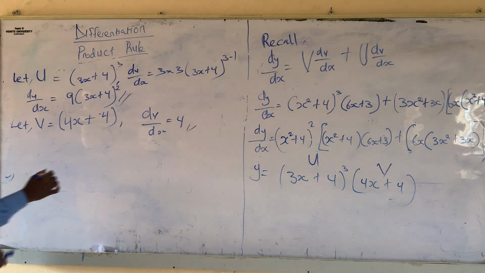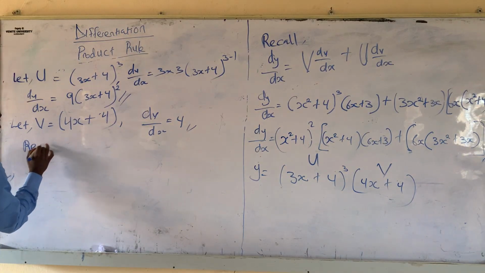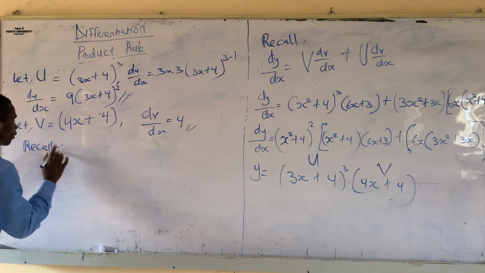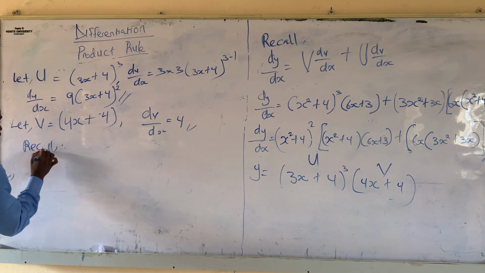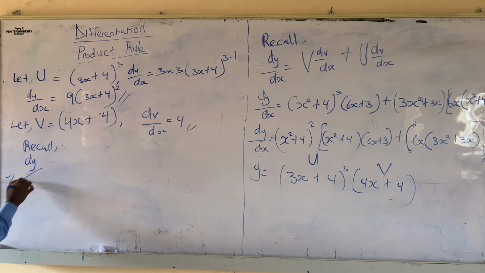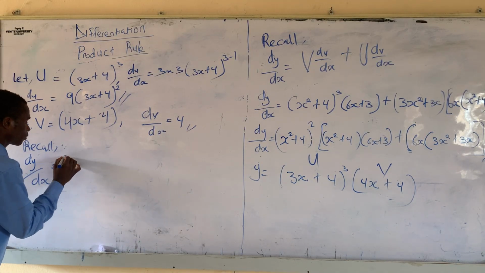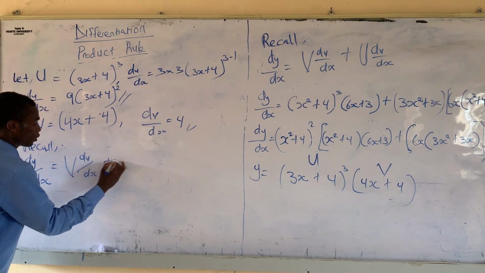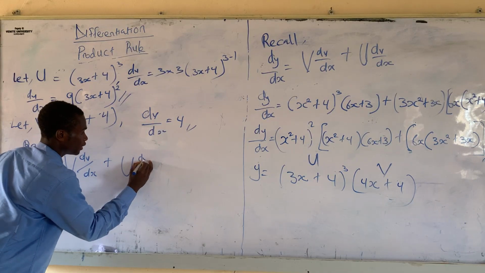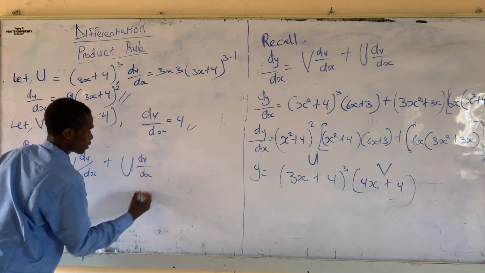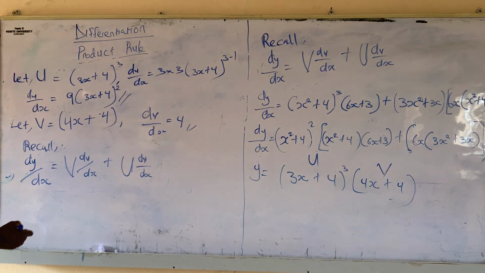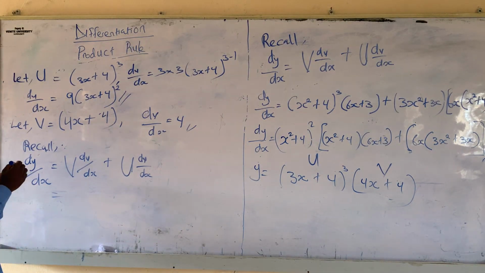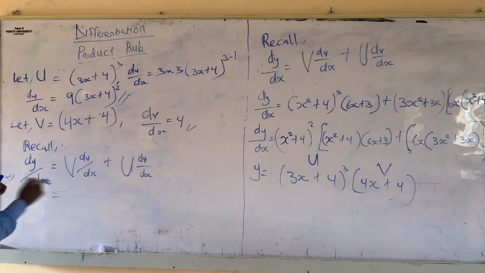Then recall that our dy over dx is equal to v du over dx plus u dv over dx. Then we can now say what's our v here.